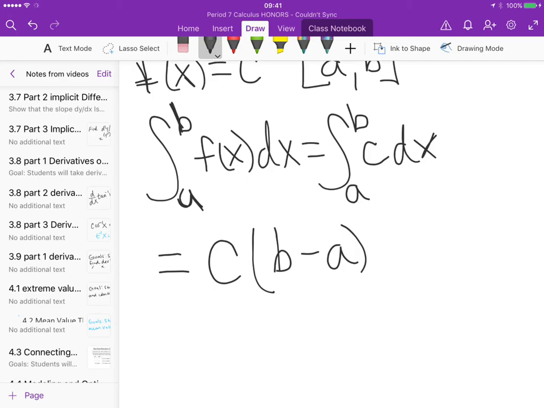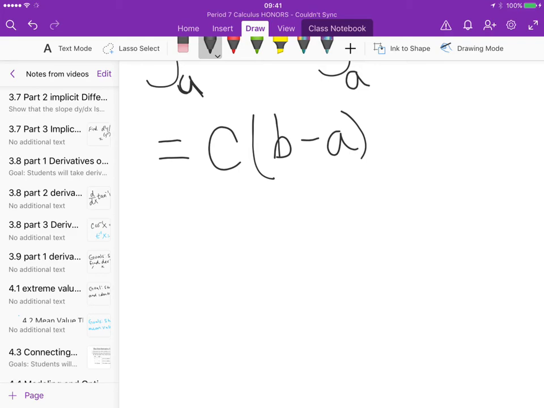Let's say we are given the integral from negative 2 to positive 1 of the constant 5. The goal is to evaluate this integral.